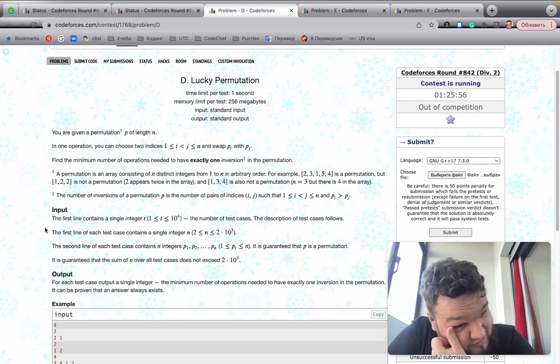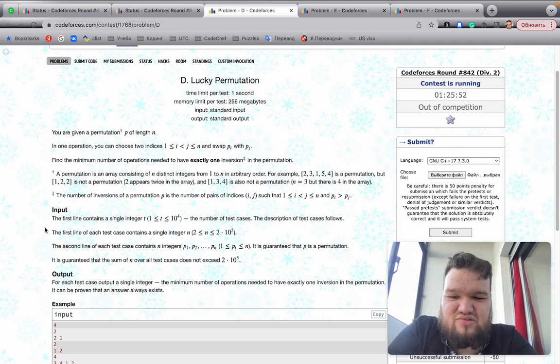Okay, so obviously one way to do that would be to sort the permutation with minimum number of swaps and then do one swap of two consecutive elements to get an inversion.